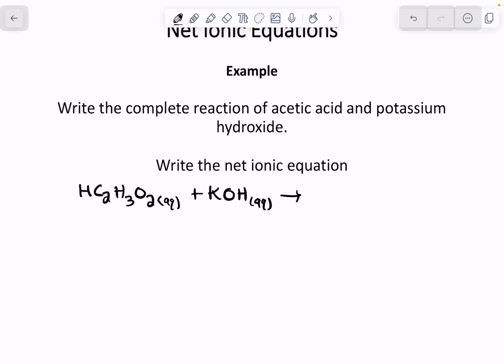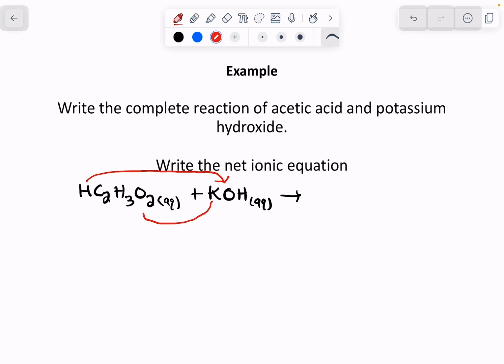And so then we can do a double displacement. I'm going to be a little cheeky here and use red. The cation of this will react with the anion of that, and the cation of this will react with the anion of that. Double displacement.